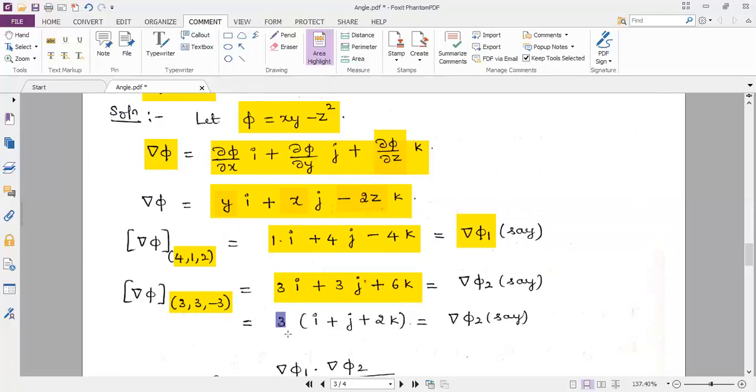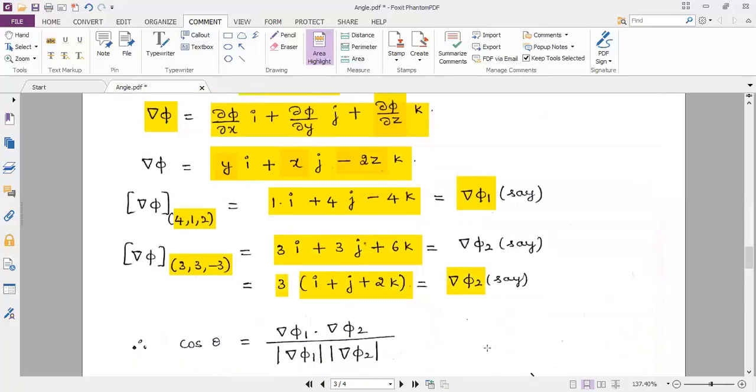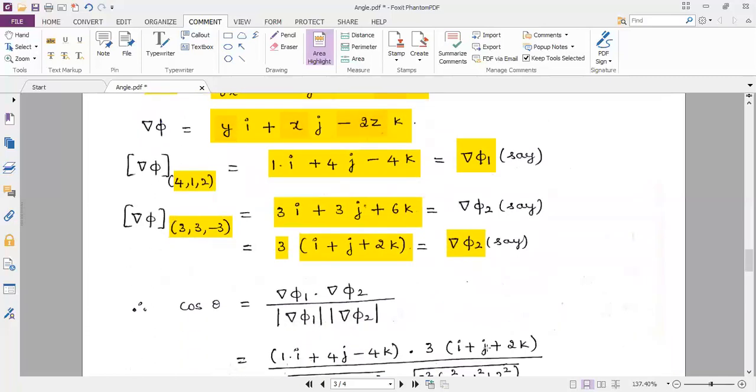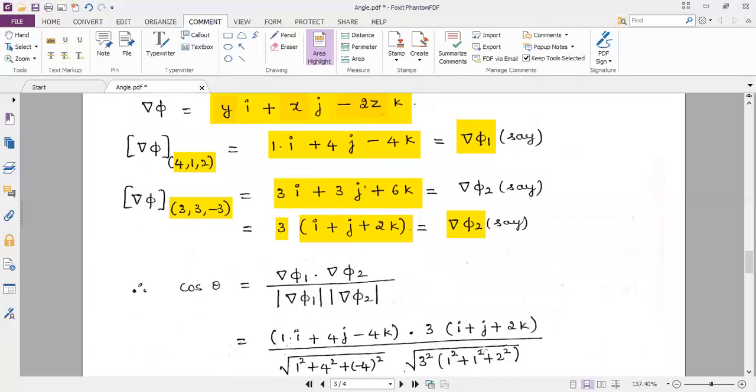Taking 3 common, we get i plus j plus 2k. Denoting this as grad phi 2, we now apply the formula for angle between the normals.